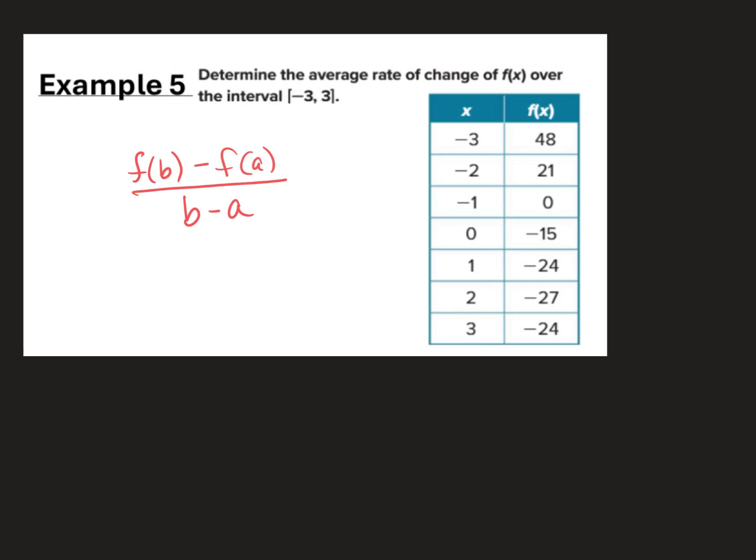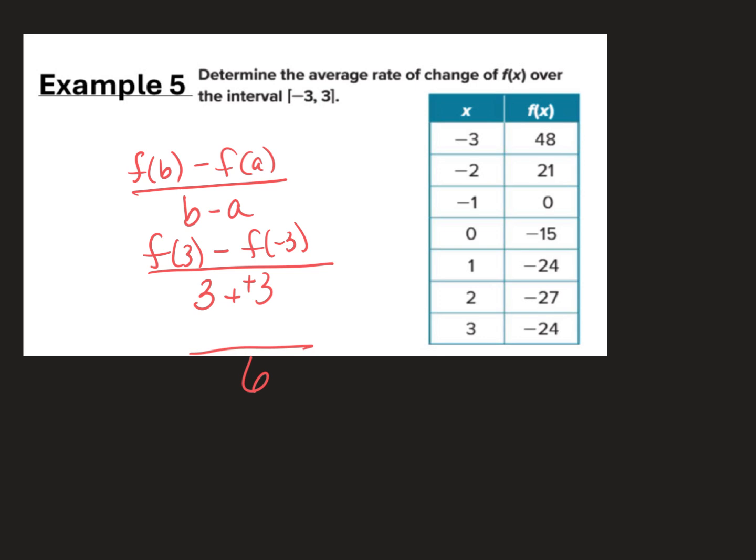So let's substitute our b and our a in. This is a, this is b. So b is 3, a is negative 3. Okay, so let's go do that. F of 3 minus f of negative 3 divided by 3 minus negative 3, which ends up being plus 3. So 6 goes in the denominator.